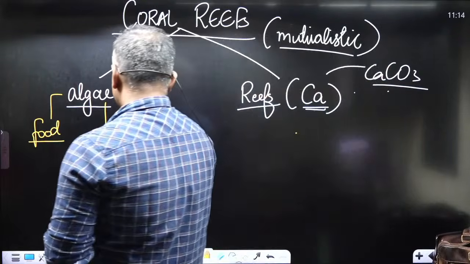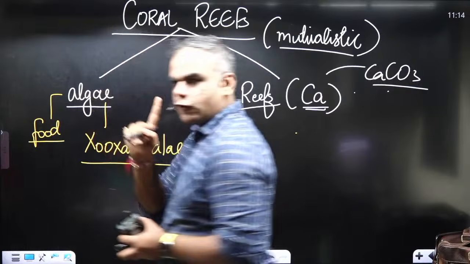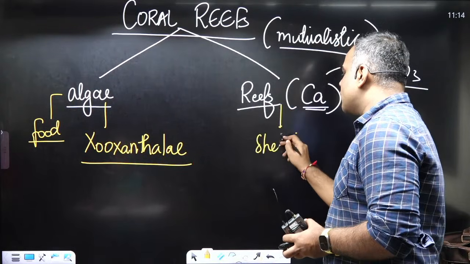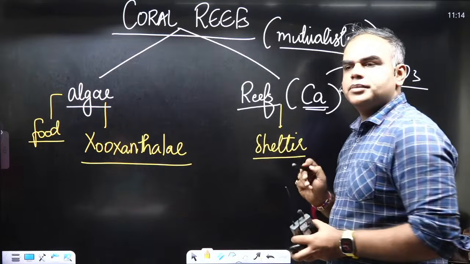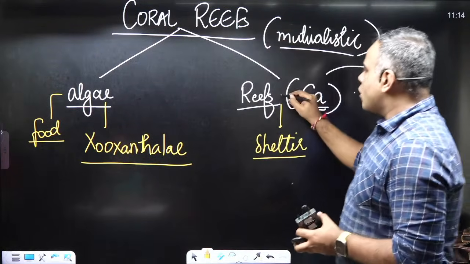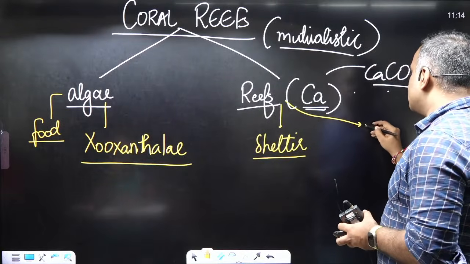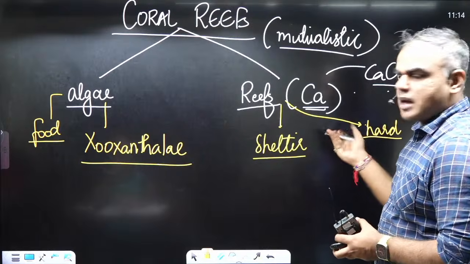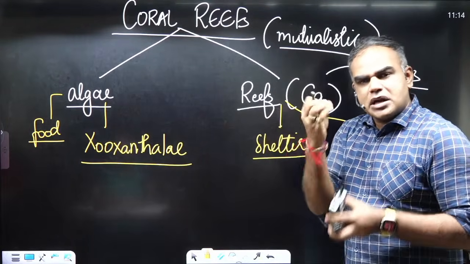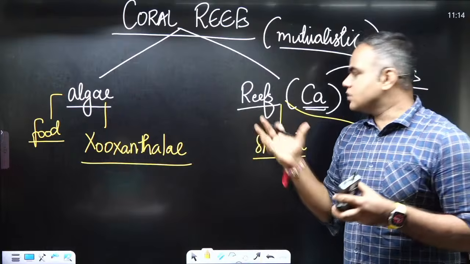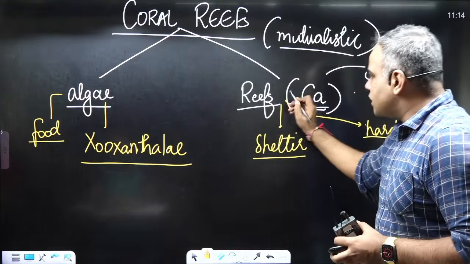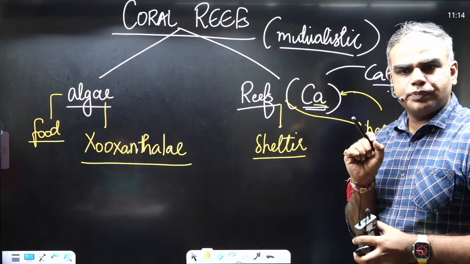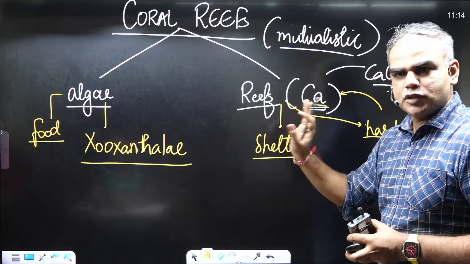Zooxanthellae is the algae which creates the food, number one. And these reefs, बहुत simple सा काम है, they will provide shelter. Now, I want the reefs to be hard, at max medium. अगर वो बहुत soft होंगे, the shelter will almost collapse. So reefs should be hard, which means they should have adequate amounts of calcium. This is normally happening.